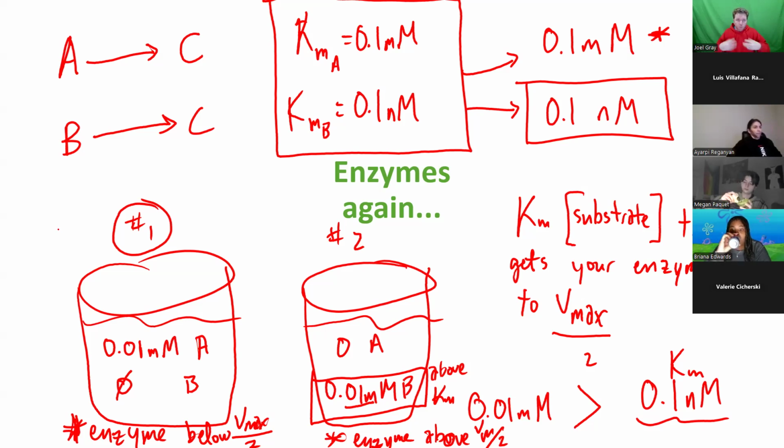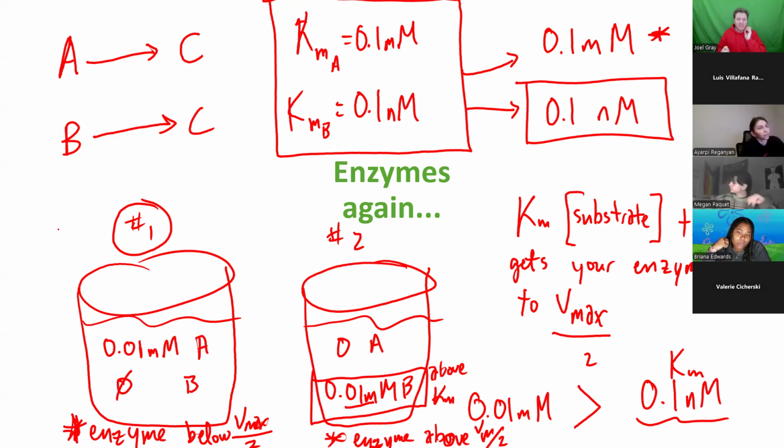Always think about your Km and remember that it is a substrate concentration, a kind of demand that gets you to a rate. So if your substrate concentration is greater than your Km, what does that mean? That means you're greater than Vmax over 2.